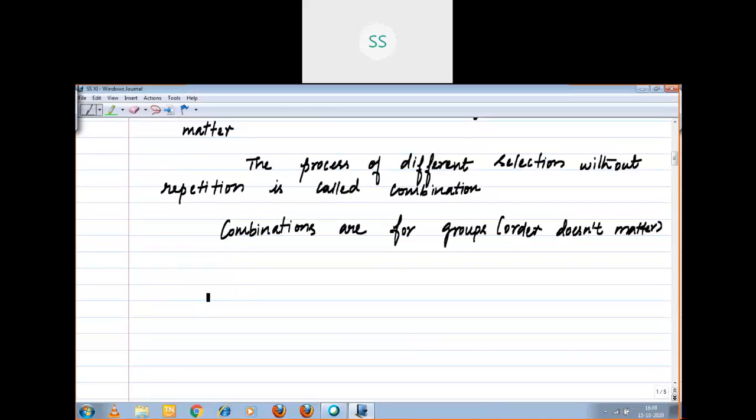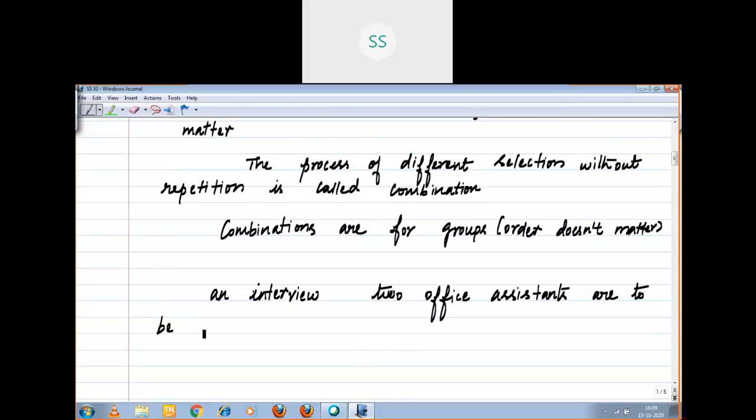You have to imagine that an interview is going to happen in which 2 office assistants are to be selected out of 4 persons, namely X, Y, W and Z. In that we are going to select 2.